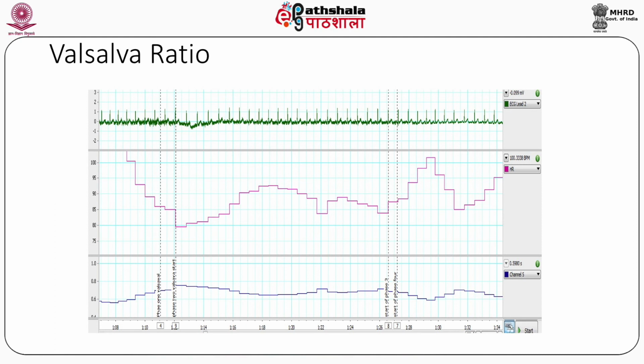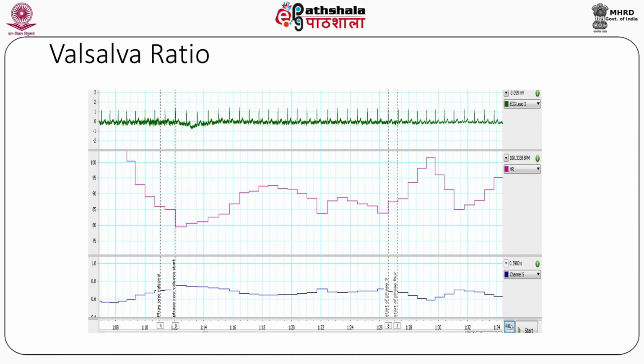This is associated with a corrective fall in heart rate due to the baroreceptor reflex. And then as the intrathoracic pressures stay higher, the venous return falls during phase 2, and this is corrected by an increase in heart rate.